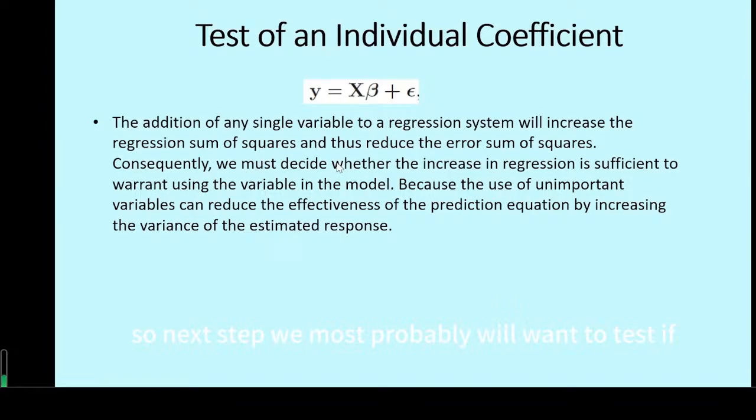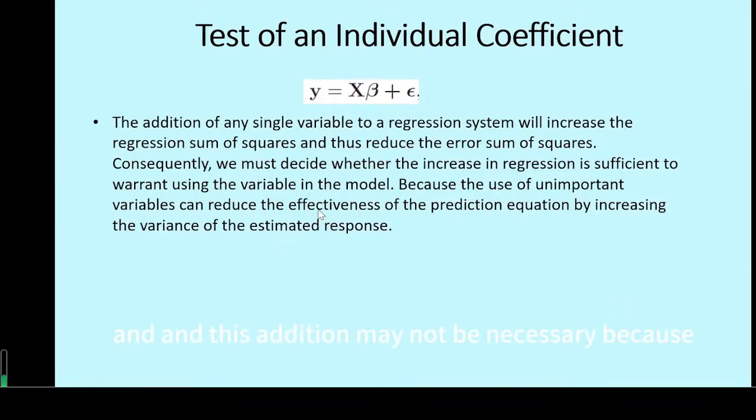Next, we will most probably want to test whether each individual coefficient is significant, because the addition of any single variable or coefficient to a regression system will increase the regression sum of squares and thus reduce the error sum of squares.